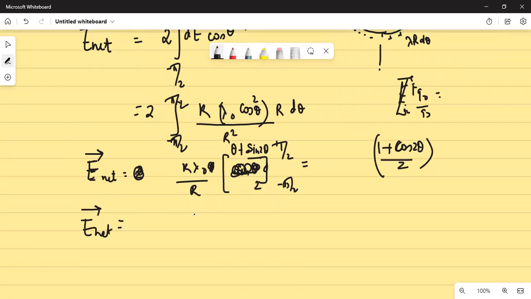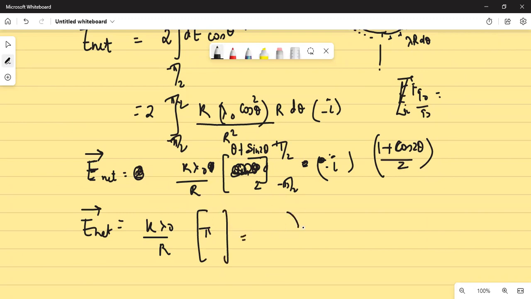The net electric field will be in the minus i cap direction. So it will be k lambda naught upon r, and then this is pi, and sin 2 into pi by 2 is sin pi, forget about it. So overall the answer would be lambda naught upon 4 epsilon naught r, in the minus i cap direction.